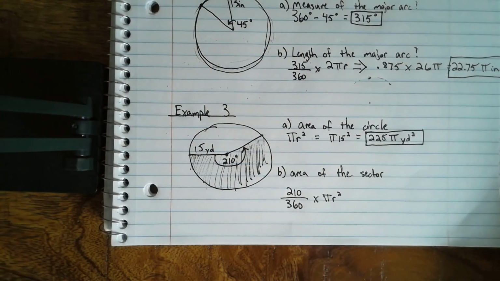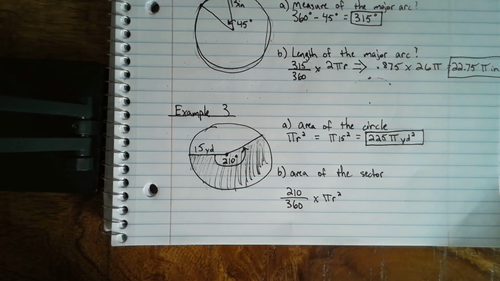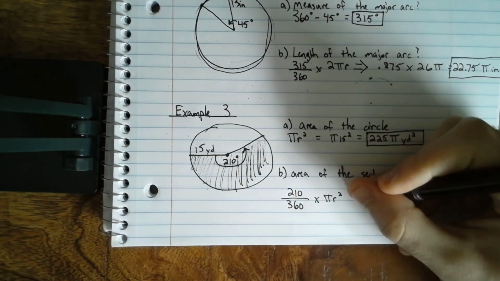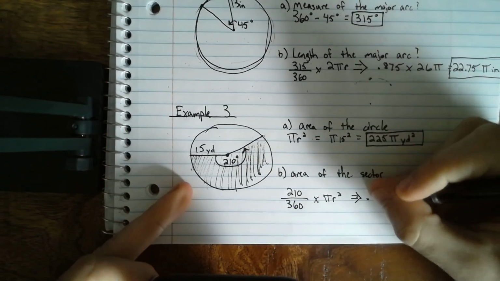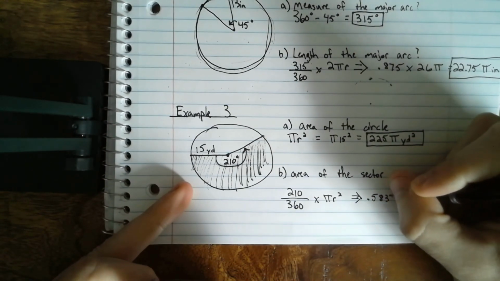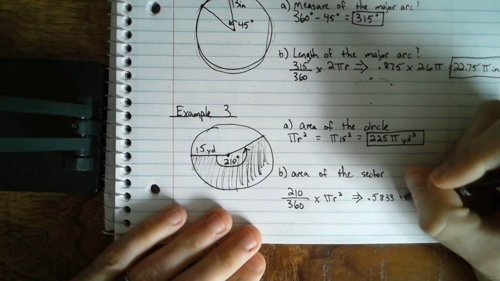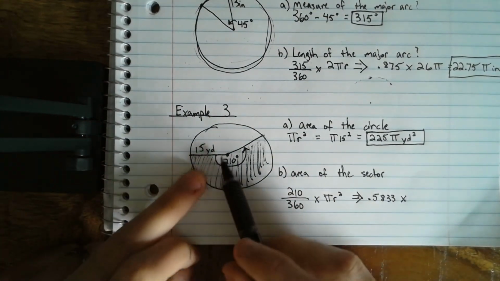So 210 divided by 360 is 0.5833, and that 3 is repeating, so I'll round it, times my area, which is pi r squared, pi times 15 squared.